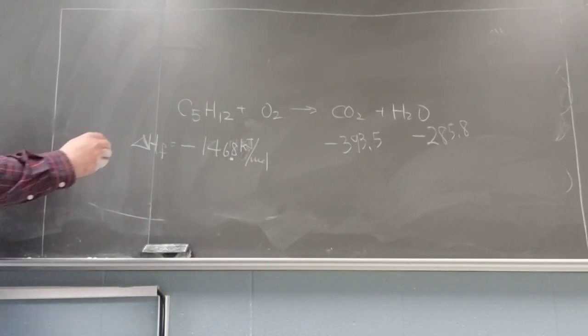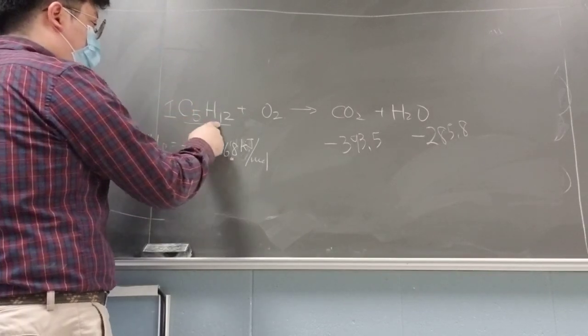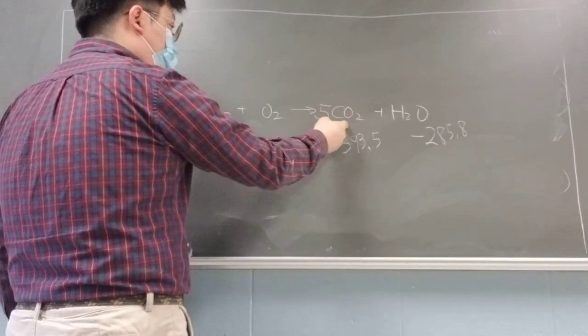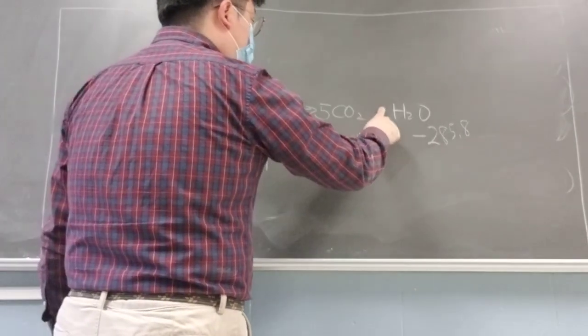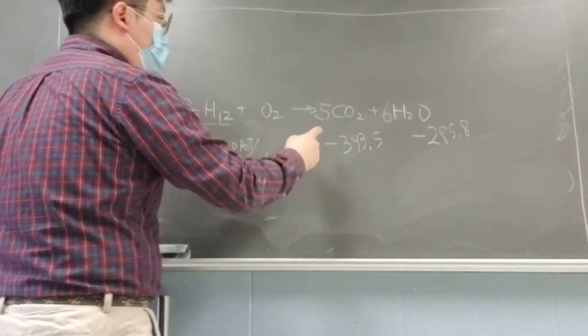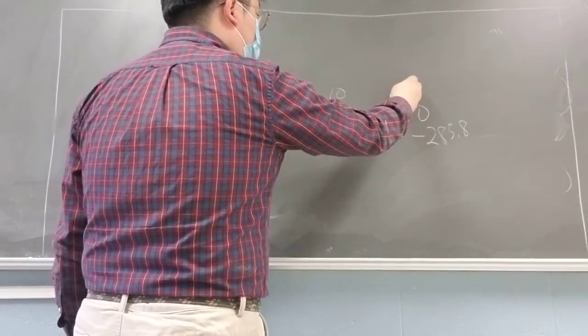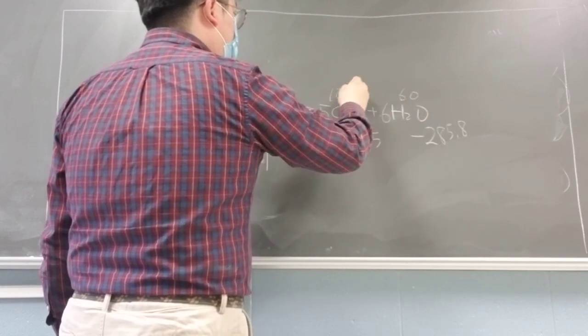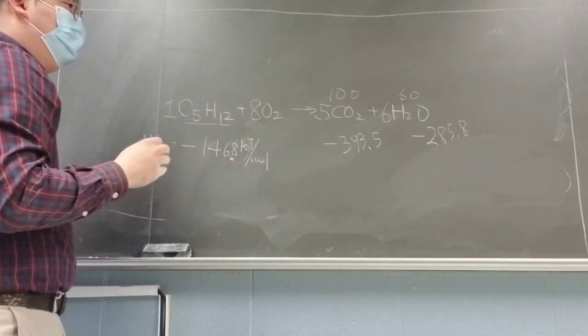Okay, so I'm just going to do the same thing here. I'm going to put at least 5 carbon dioxide because there are 5 carbons in it. So 12, so I want to put at least 6 over here. That makes the 10 oxygen here, and this is 6. So in total you have 16, so it'll be 8. Okay.